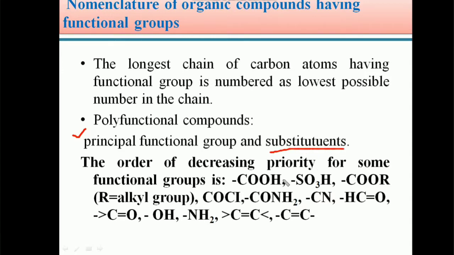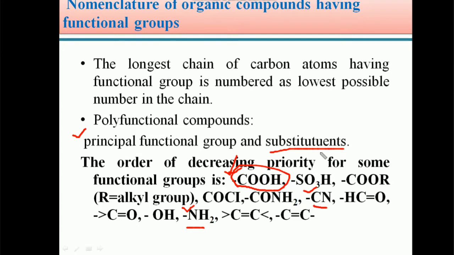For example, if a given organic compound contains a COOH functional group, a CN functional group and an NH2 group, then the COOH functional group is taken as the principal functional group, and the remaining two, CN and NH2, are taken as substituents.